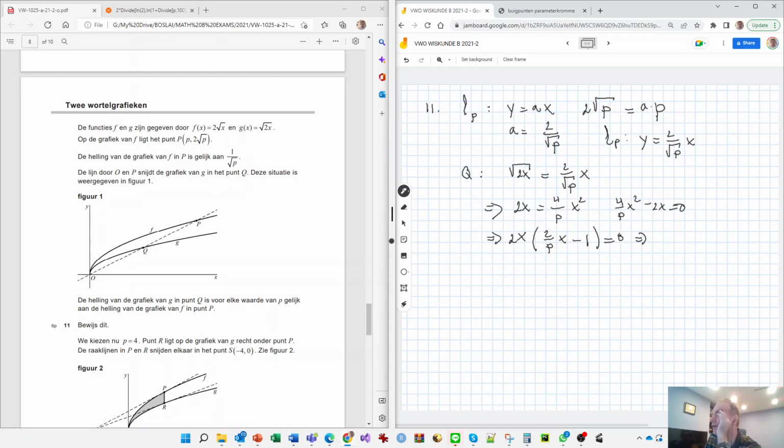Therefore, x is p over 2, and I just exclude x is 0 here.